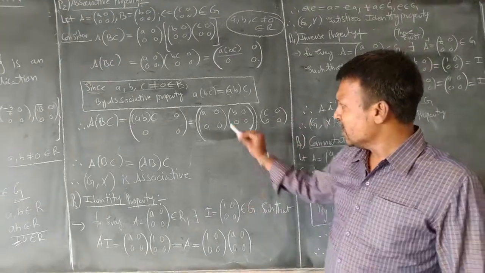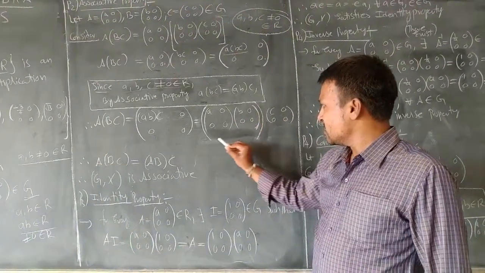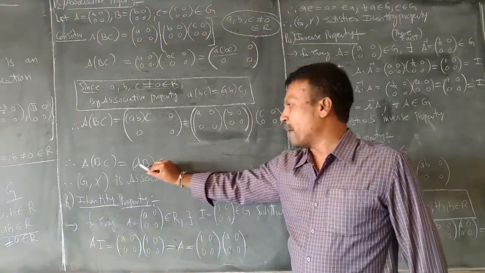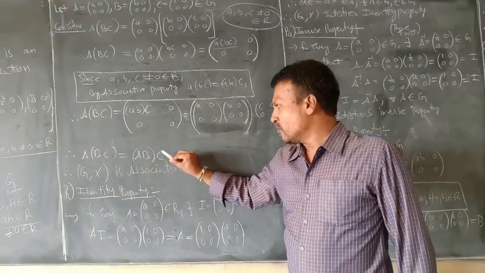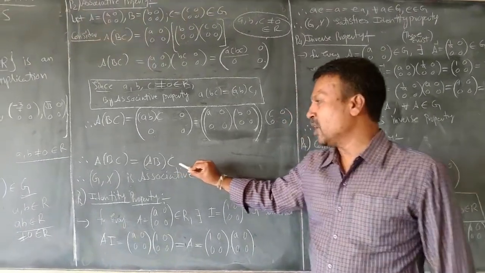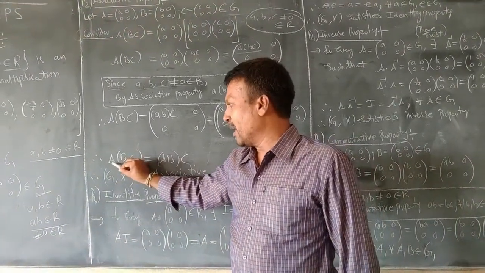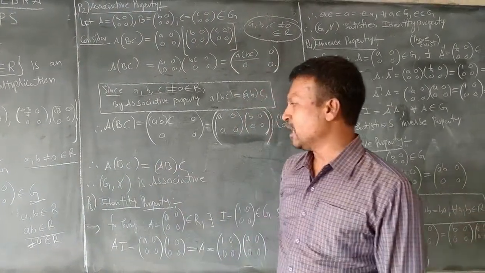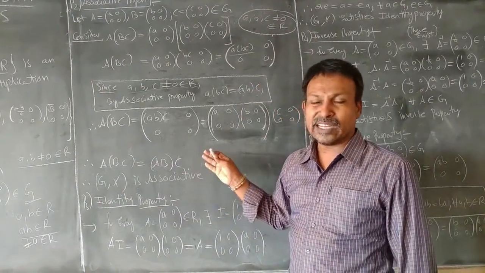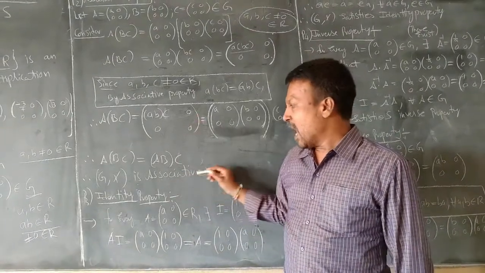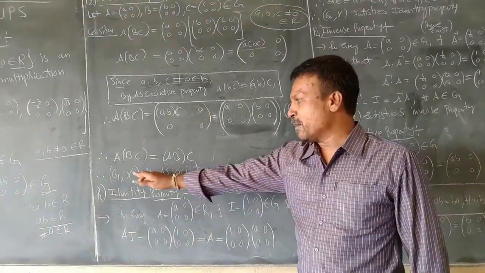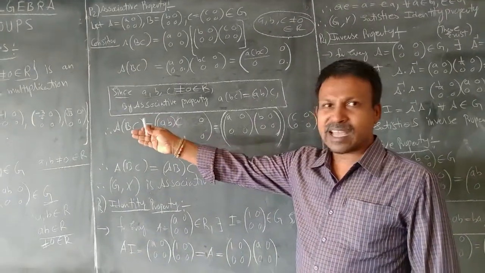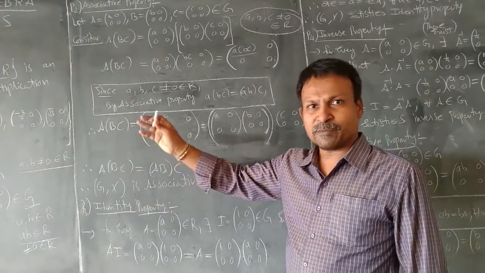Therefore, in this main bracket, it is the form of capital A into capital B, and outside of these brackets, it is capital C. Therefore, on the left hand side we have taken capital A of capital BC, and we have proved that it is equal to capital AB of capital C. Therefore, it is the property of associativity with respect to multiplication. I have given the conclusion that (G, ×) is associative. This says that the set G of matrices is satisfying the associative property with respect to multiplication.